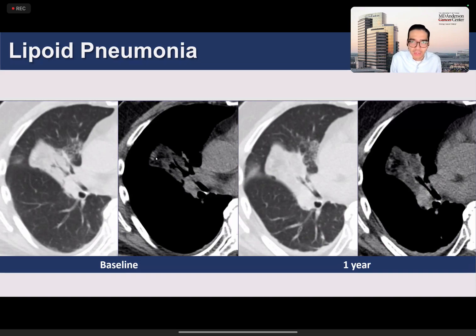It's just volume averaging. The second thing is, it's important to look in the middle of the lesion. If I were on the edge of the lesion, again, I might be volume averaging with the normal lung, which will give me an artifact. So this was lipoid pneumonia.